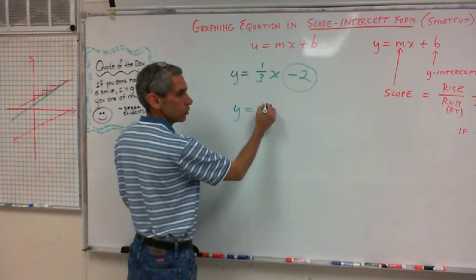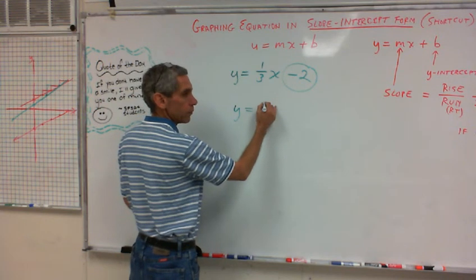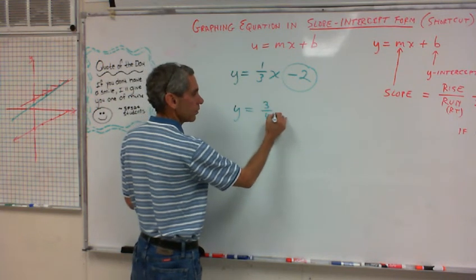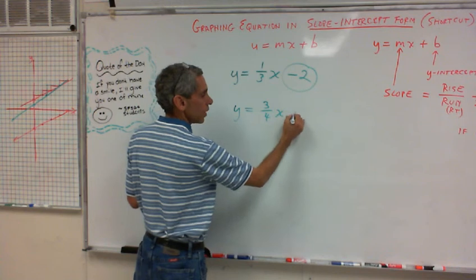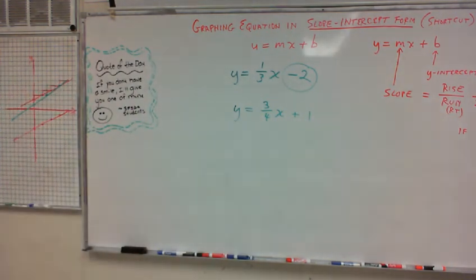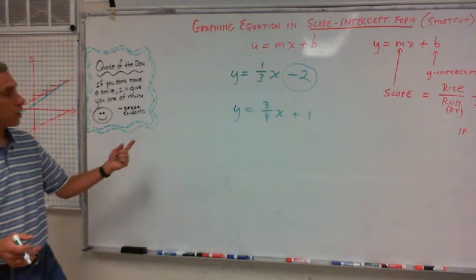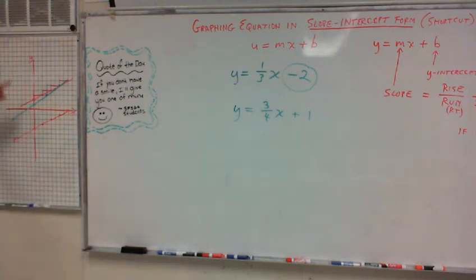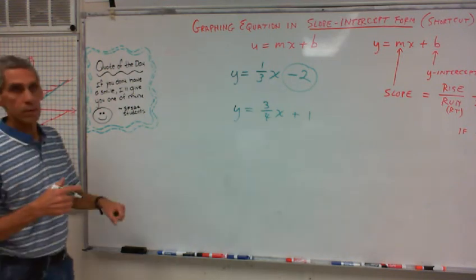Y is equal to 3/4 x plus 1. So plus 1 is on the vertical y-axis. You go up 1 on this axis, and then put a dot.